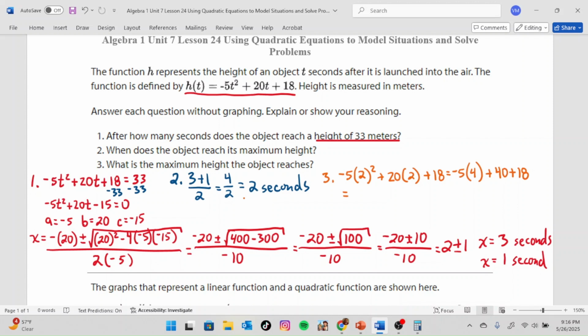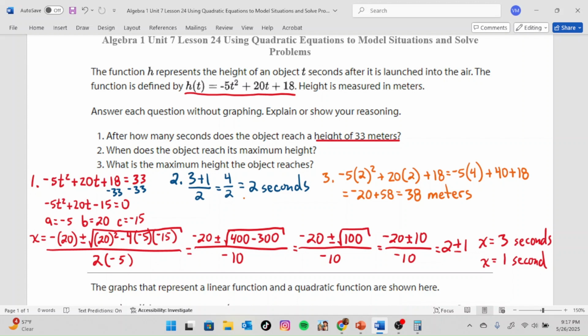Now we have negative 5 times 4, which is negative 20. And we have 40 plus 18, which is 58. And negative 20 plus 58 is 38. And since we're measuring the height in meters, that is 38 meters.